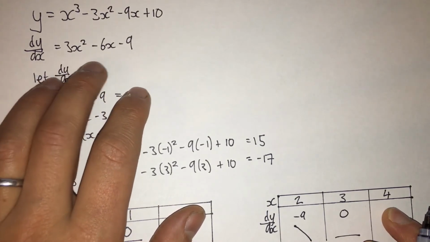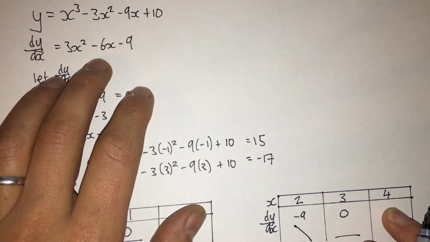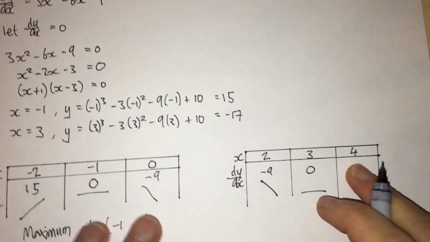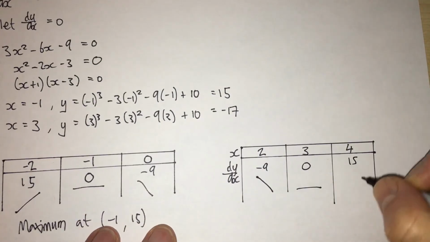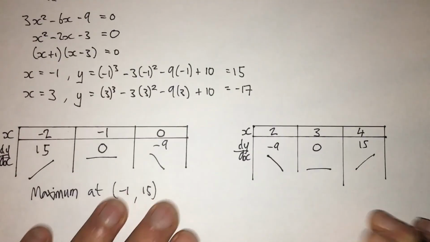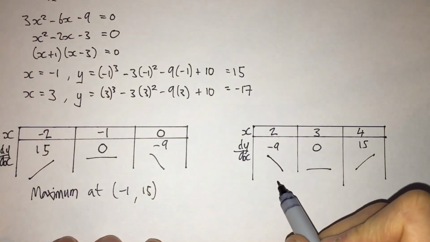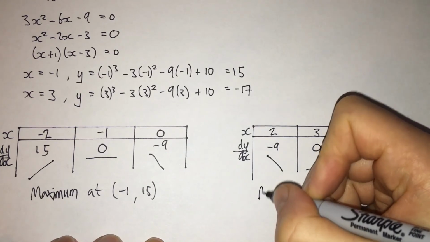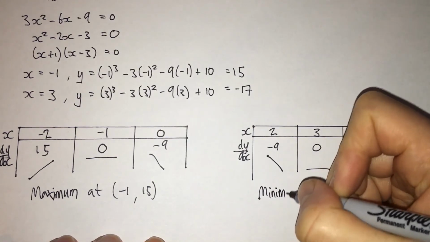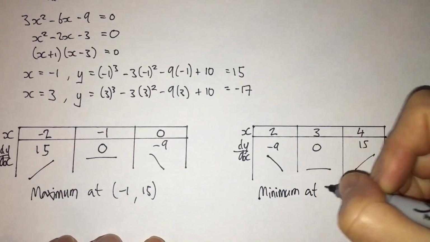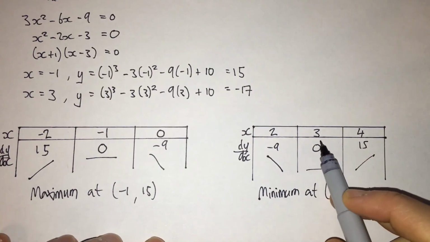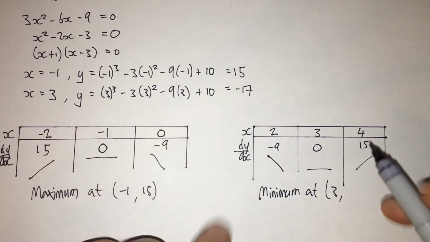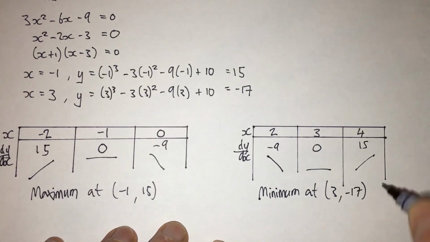So 48 minus 24 is 24, and then we minus 9, we get 15. So that's a positive gradient. So we've got a decreasing function to the stationary point to an increasing function. So we've got a minimum at 3, and the corresponding y value for that was negative 17.